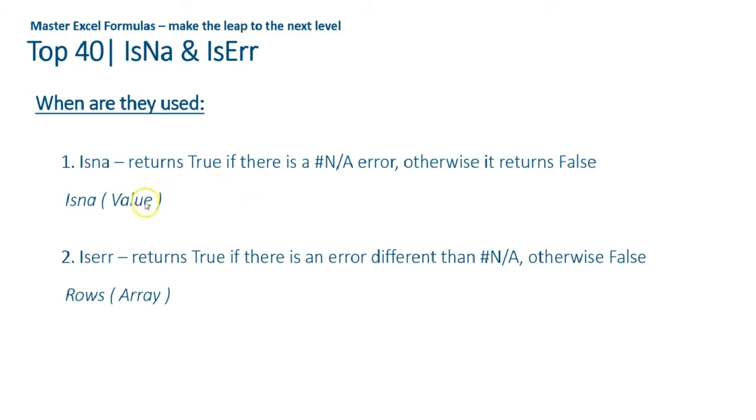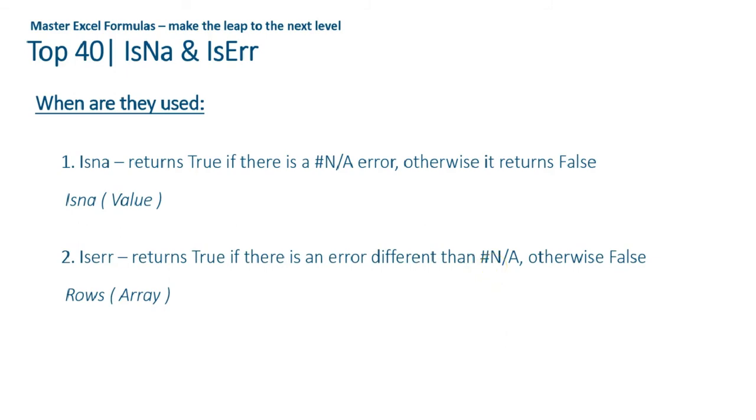All we need to do is select a cell or a value. ISERR is similar to ISERROR, which we'll be discussing further in this course, but it returns true if there is an error different than the NA error, otherwise it returns false.